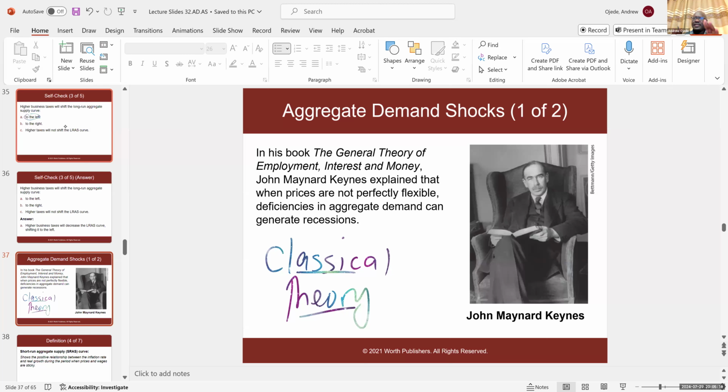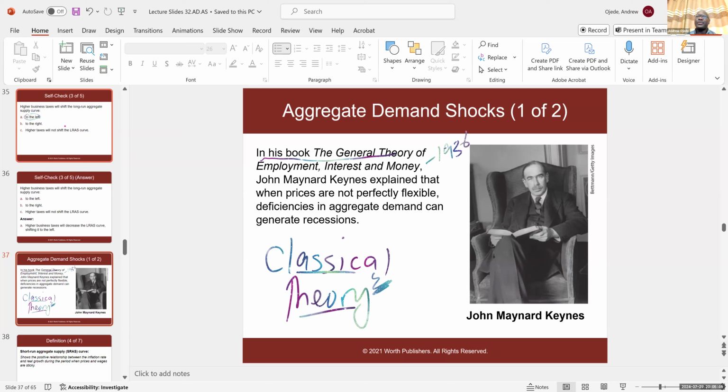And again, the source of productivity comes from the supply side of the economy. Production is going to be due to real shocks to the economy. But then Keynes said, no, let's think about this. Keynes wrote his book, which he called The General Theory of Employment, Interest, and Money, to challenge the classical theory. This book was written in 1936.